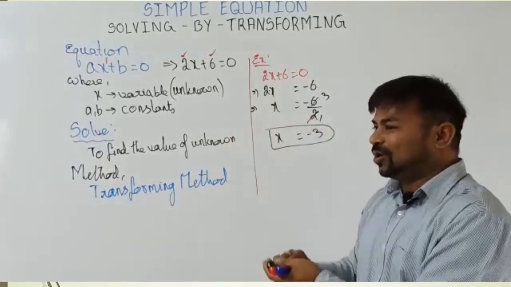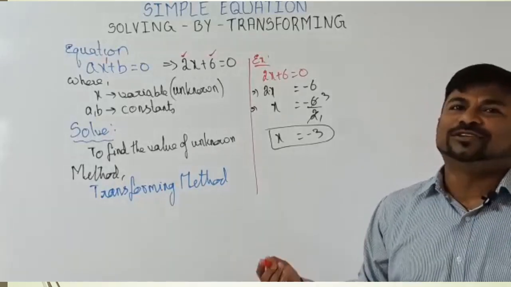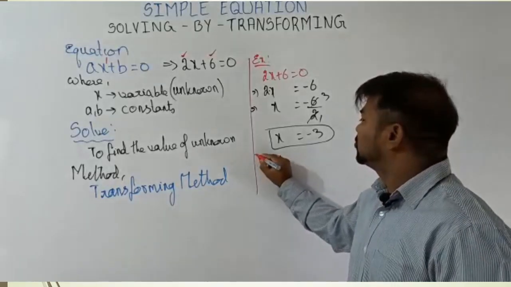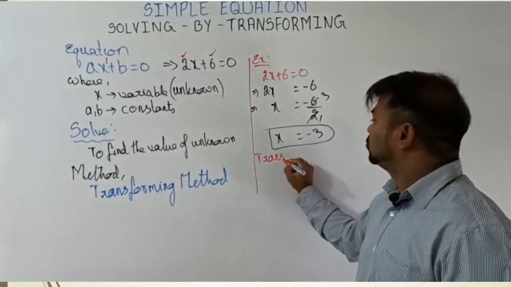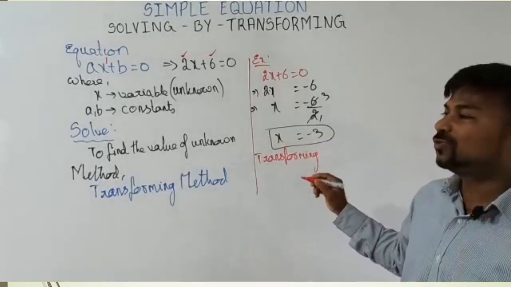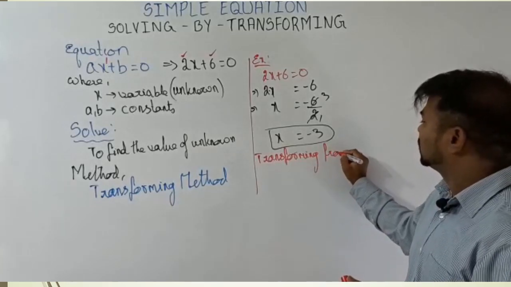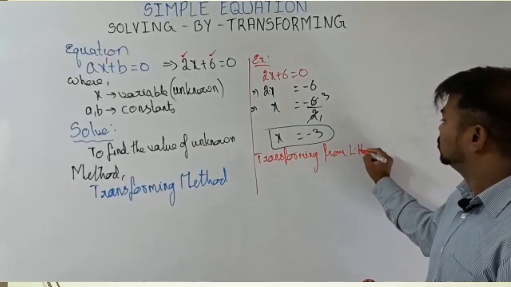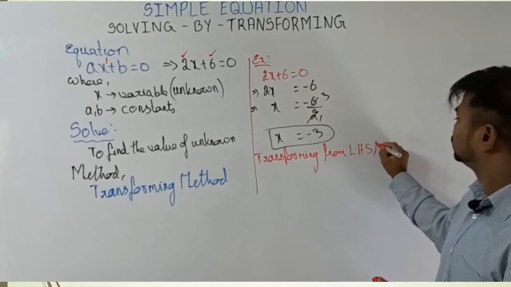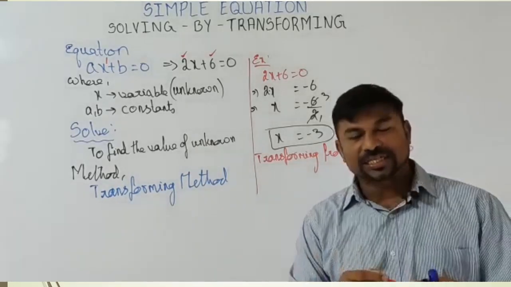So let's go through the methods needed to change it. Transforming the terms: what does it mean? Transforming from LHS to RHS. What happens if you transform from LHS to RHS?